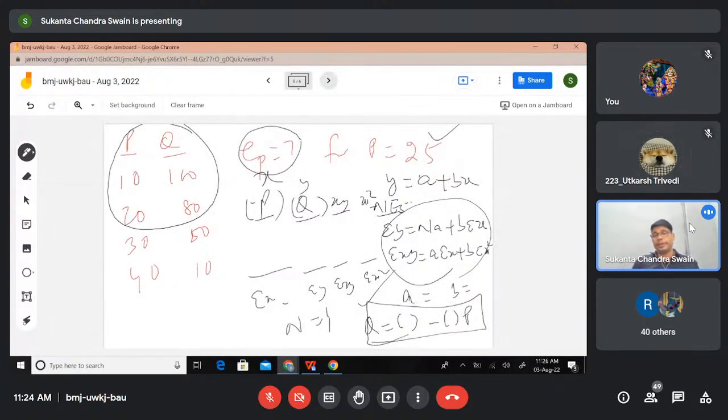Yes, sir. So anybody is having any confusion in this particular case? Means if the demand schedule is given and you are asked to find the EP for a given price, in that case the demand schedule will be converted to a demand equation, and then the differentiation formula will be applied. Okay, it is done now.